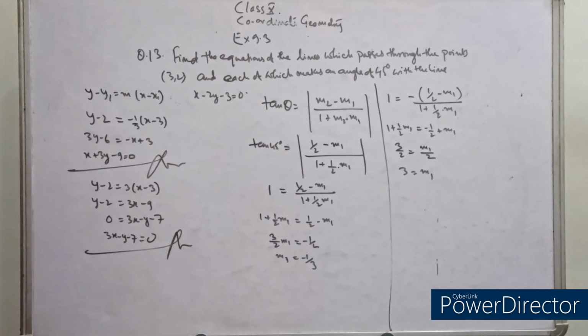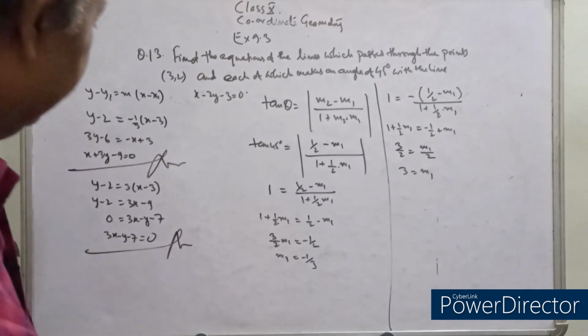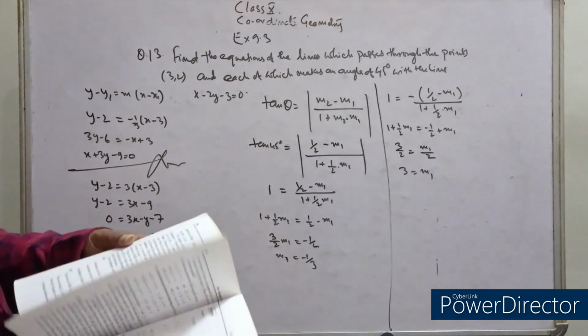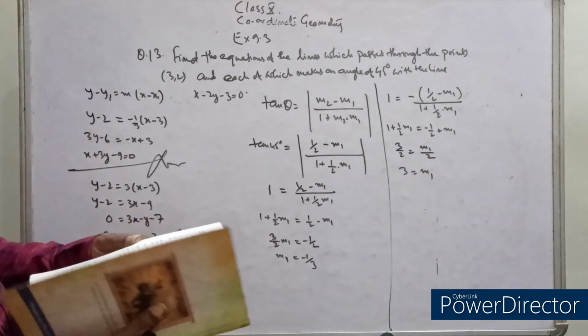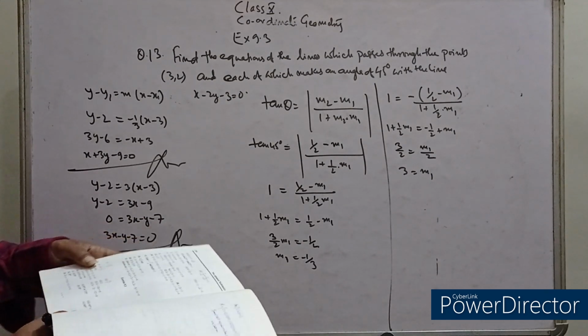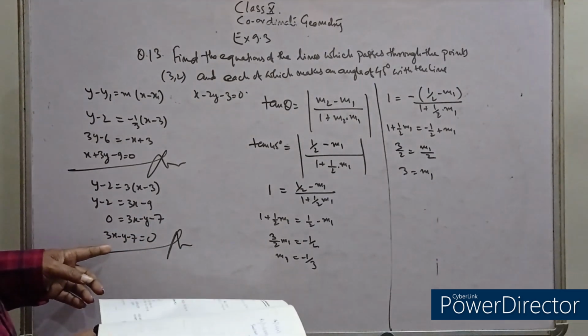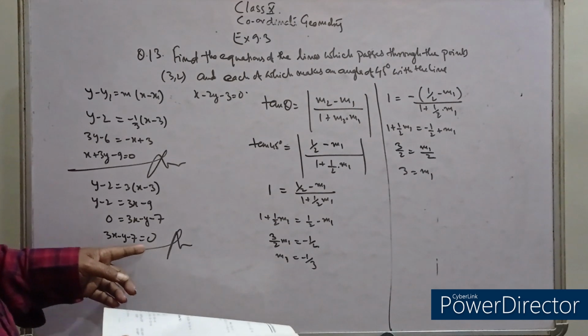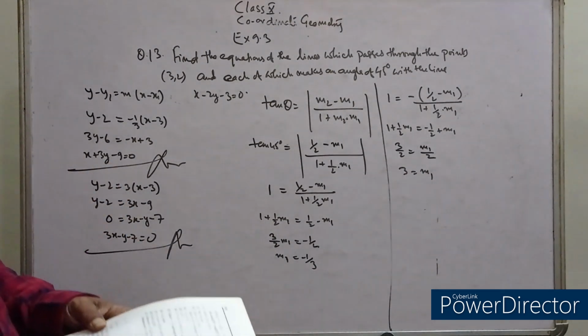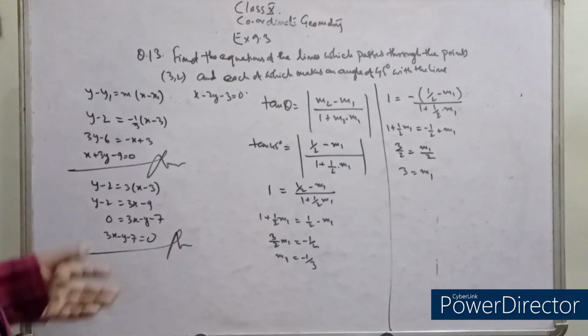This is your other answer. So let me check the answer. That is Exercise 9.3, question 13. Here you see one is 3x minus y minus 7 equal to 0, and another is x plus 3y minus 9 equal to 0. So it is easy.